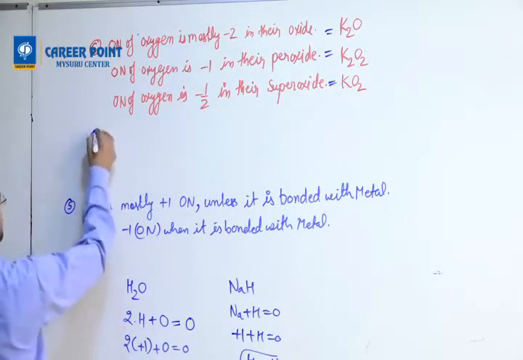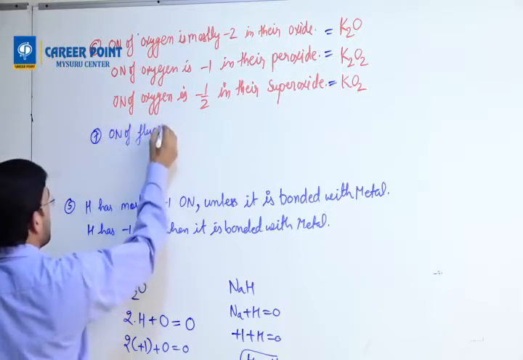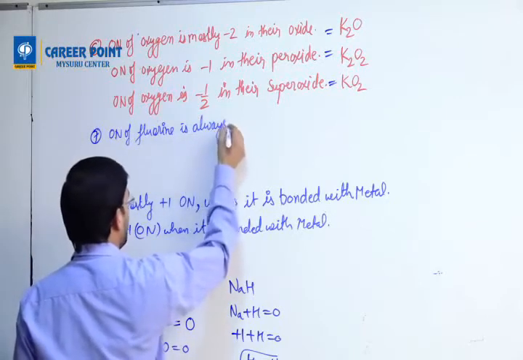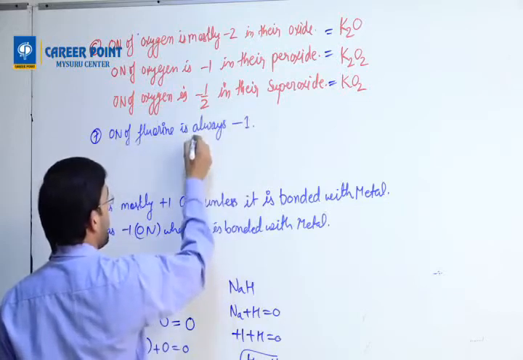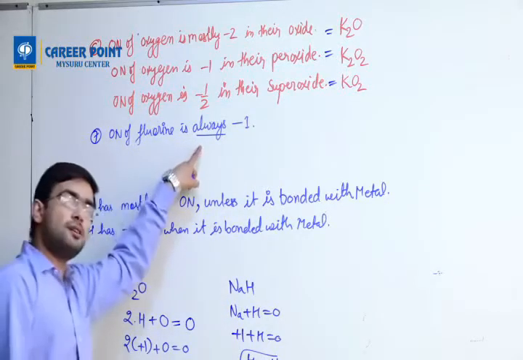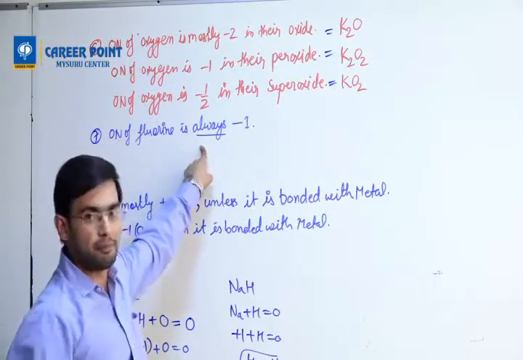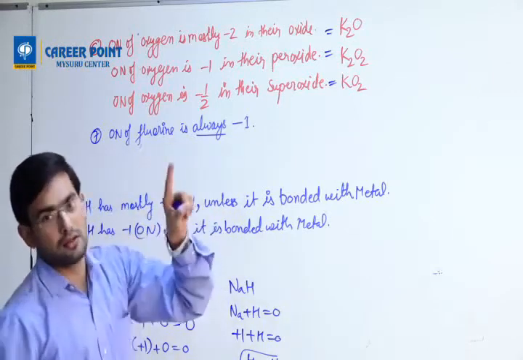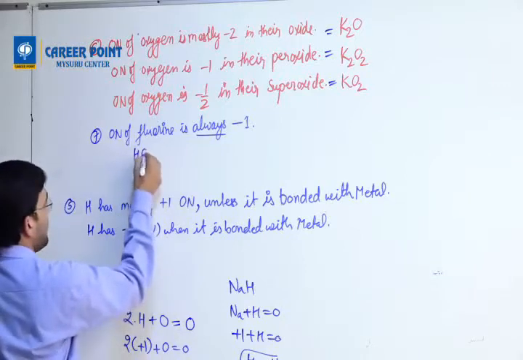Then the seventh one, oxidation number of fluorine is always -1. I am specifying as always. This is a statement which can never be wrong whatever happens. Oxidation number of fluorine is always -1. Example, HF.